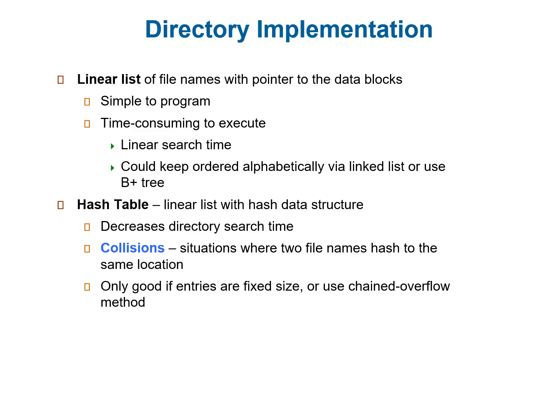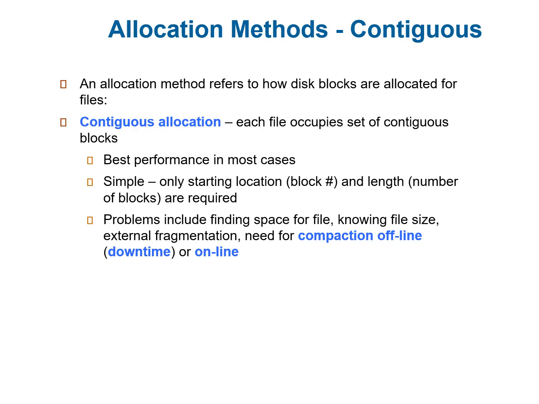It decreases the directory search time, but it has a condition that the same location we may get for two different files, which is the collision that occurs. In this case, it is only good if entries are fixed size or if the chained overflow method is used. If we have that type of method, that is very easy.